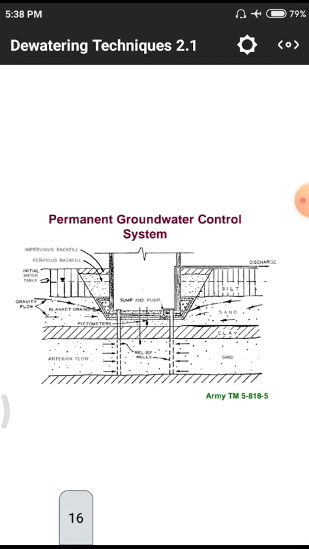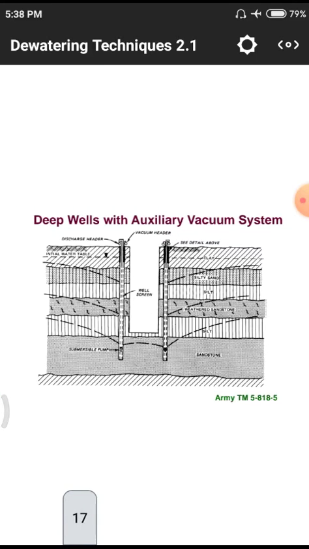This is the permanent groundwater control system. That means the groundwater flow is controlled by a permanent method, by raising sumps and pumps, removing the total water, and constructing a perennial structure around the required boundaries.